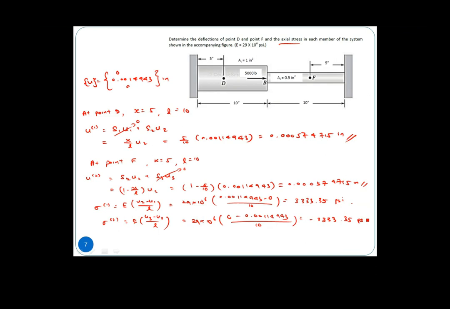So this is under compression. So member number 2 is going into compression. Of course member 1 is under tension, positive. Right. So that gives us the information of stress.